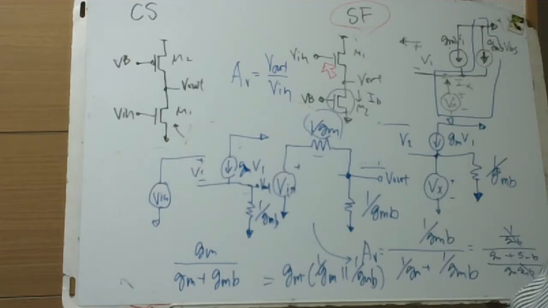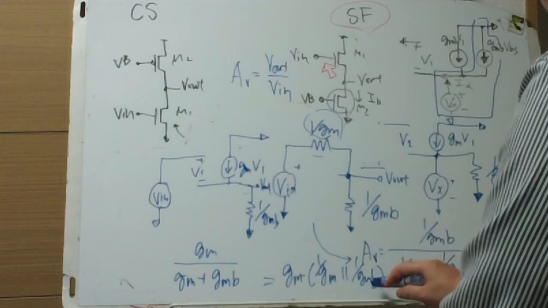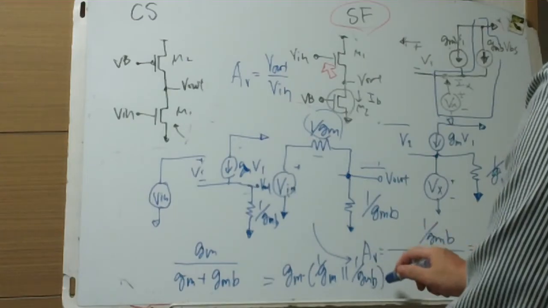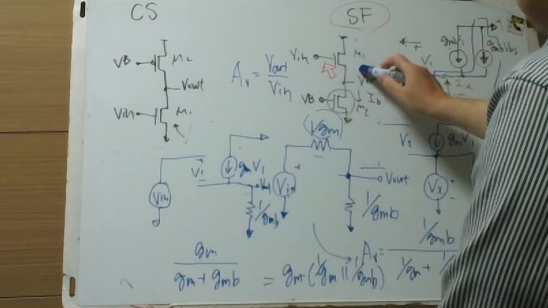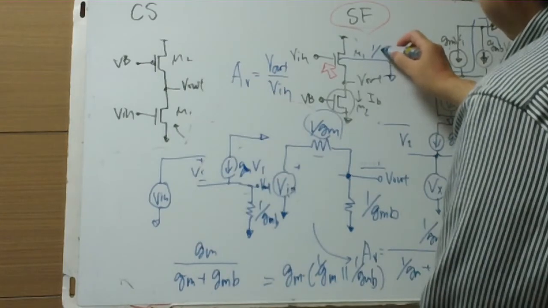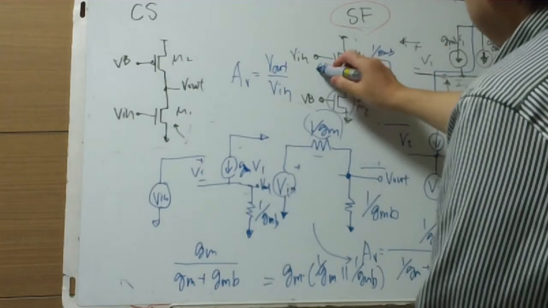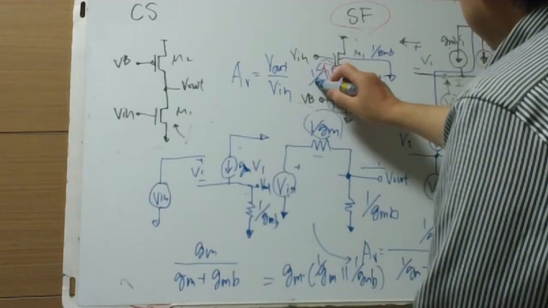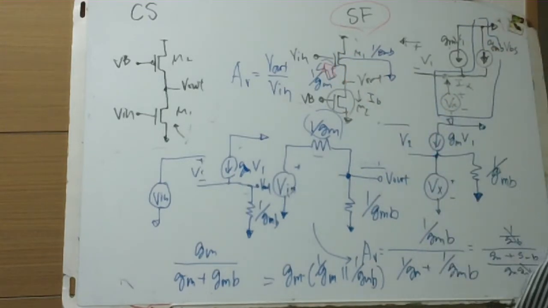Base resistance is the transconductance, base voltage, base current, body effect: the body effect transconductance resistance, in parallel with the source resistance.